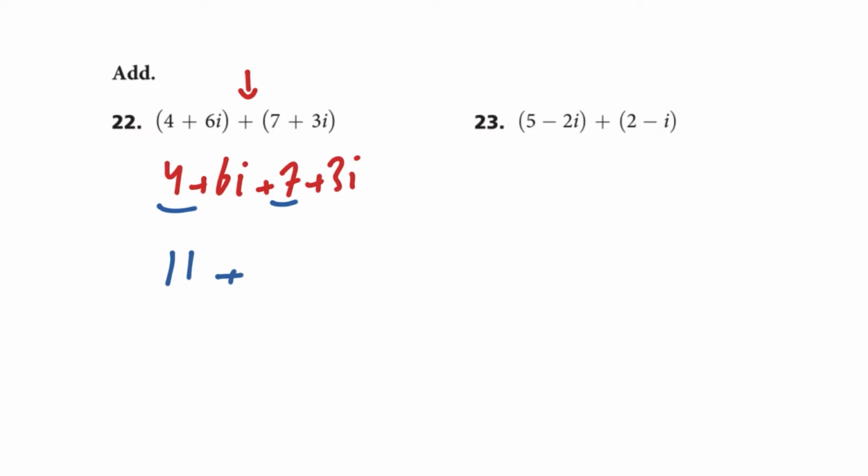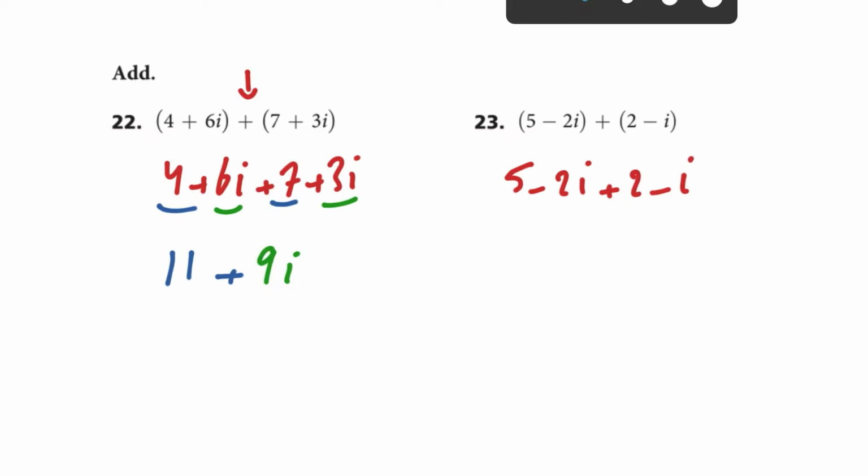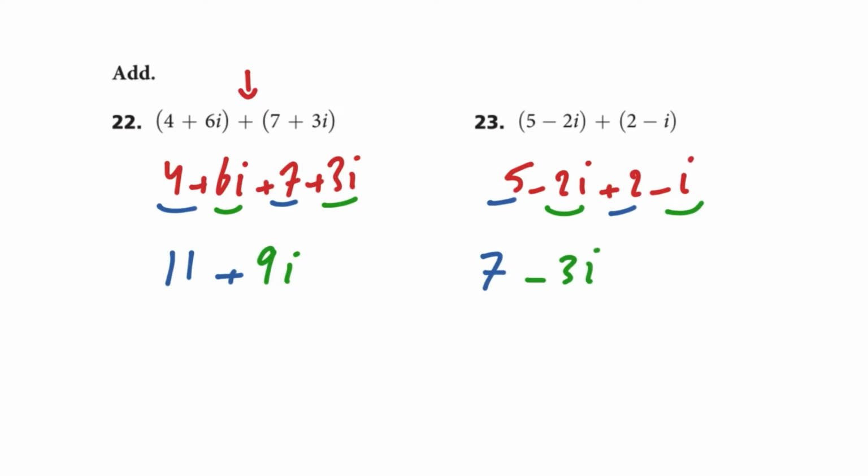We have 6i and 3i, 9i. Similarly for the other number, 5 minus 2i plus 2 minus i. The real parts, 5 plus 2 is 7. The imaginary negative 2i or negative i is negative 3i.